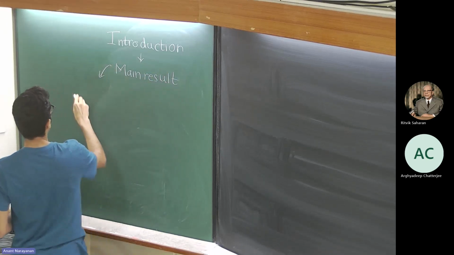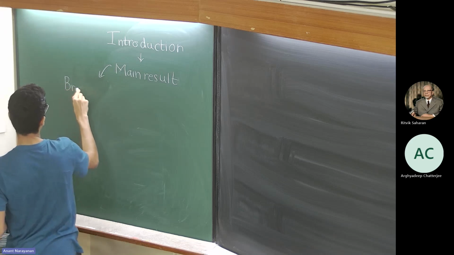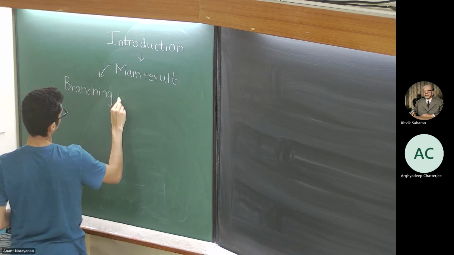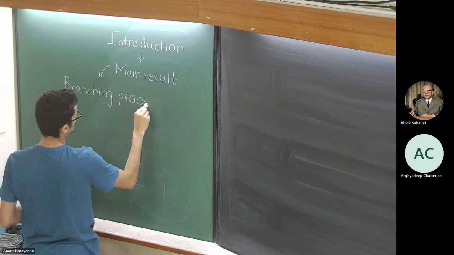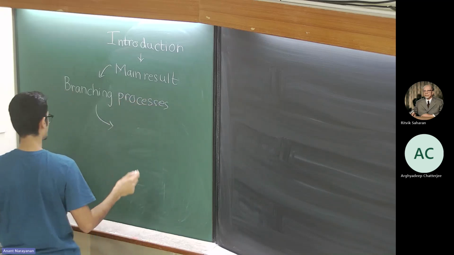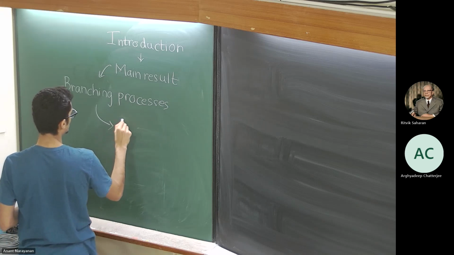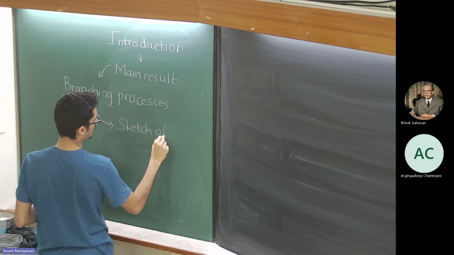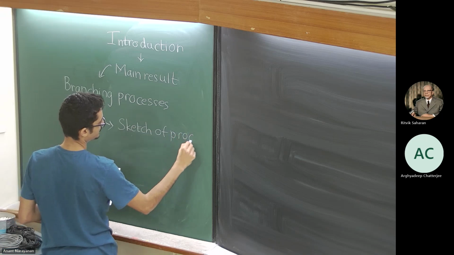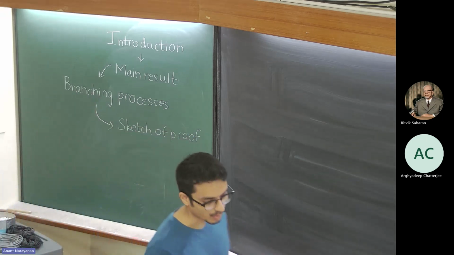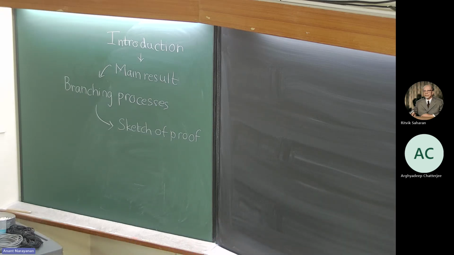We'll take a slight detour and look at branching processes, then come back to the sketch of the proof. If time permits, I'll talk a little bit more about other models.